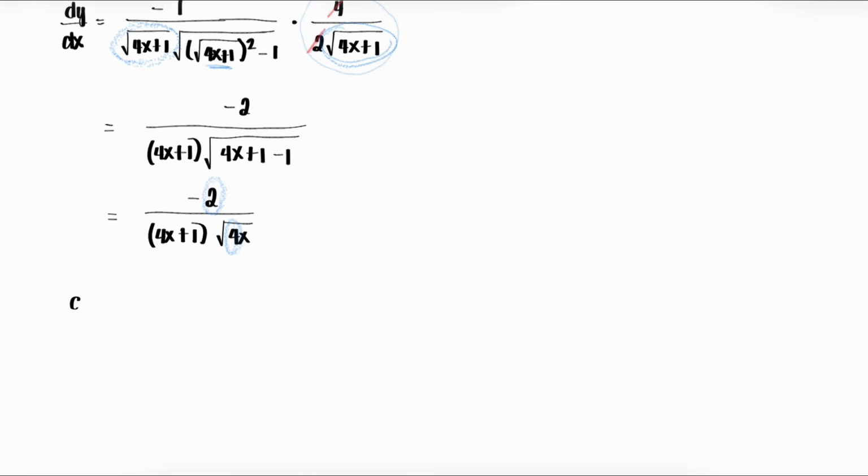So therefore, our derivative dy dx is equal to negative 1 over quantity 4x plus 1 square root of x. So you always simplify your answer.